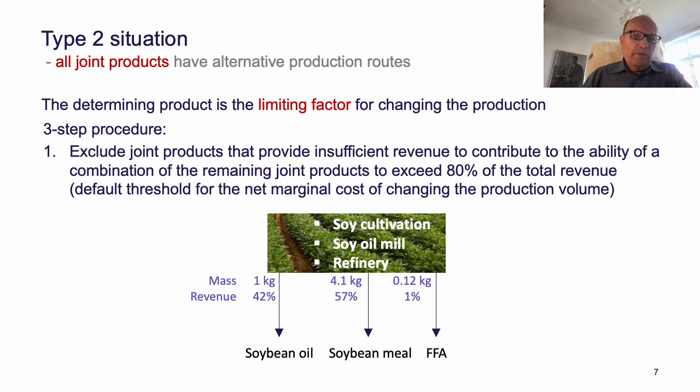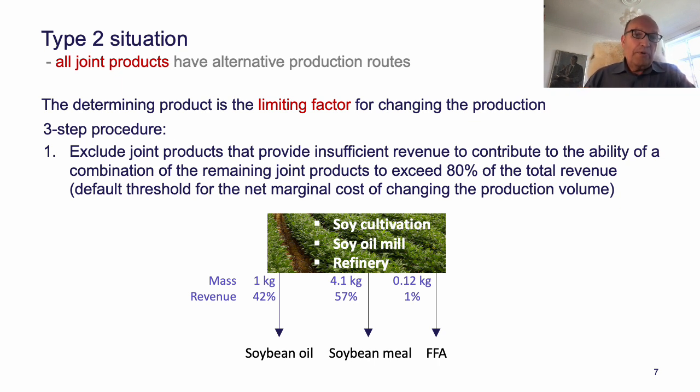A soy oil mill and refinery will produce soybean oil, soybean meal, and free fatty acids. So to identify which of these 3 products is the determining one, we first look at the revenues from the 3 products.